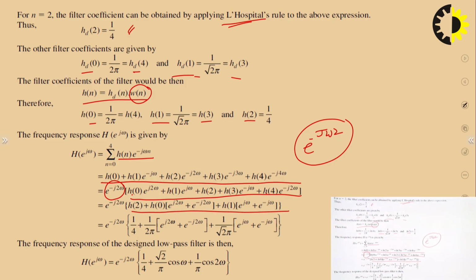Now e to the power j2 omega plus e to the power minus j2 omega, you will put the coefficient values, and you know the value of e to the power j2 omega plus e to the power minus j2 omega according to Euler's theorem. It will become 2 cos 2 omega.